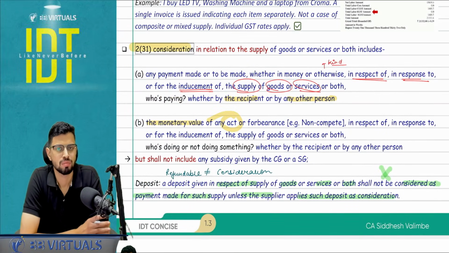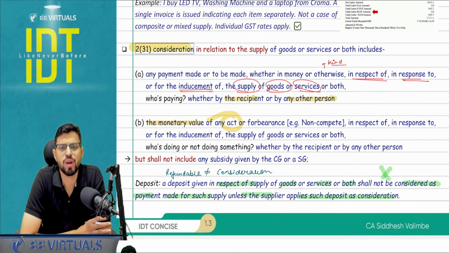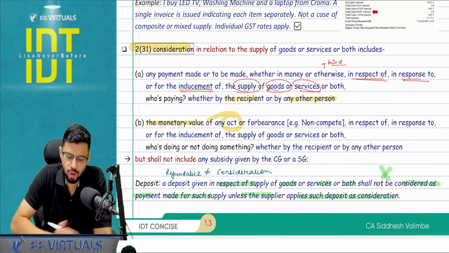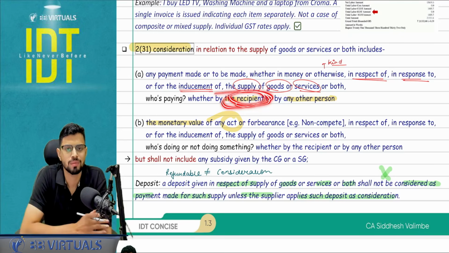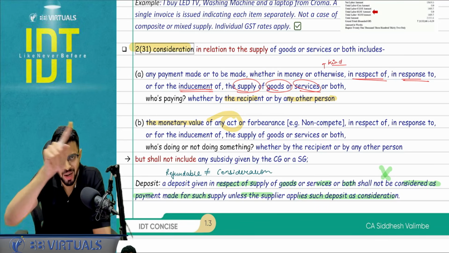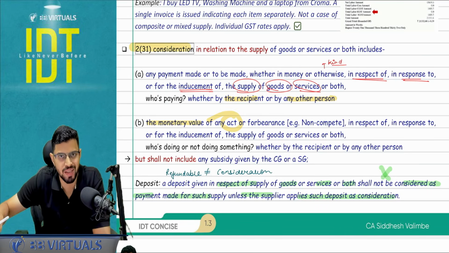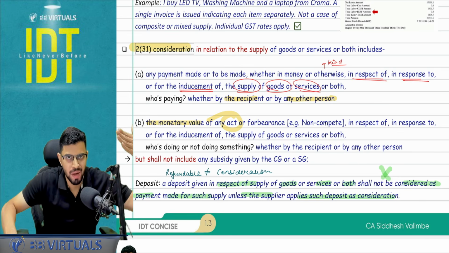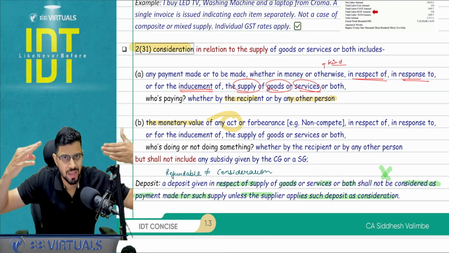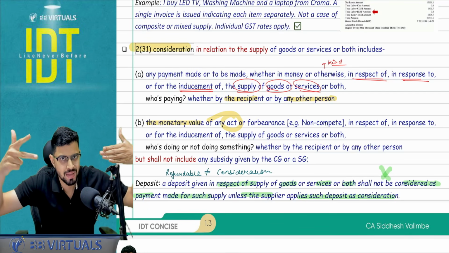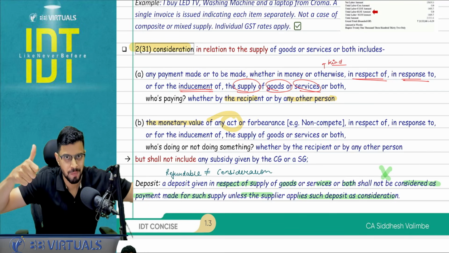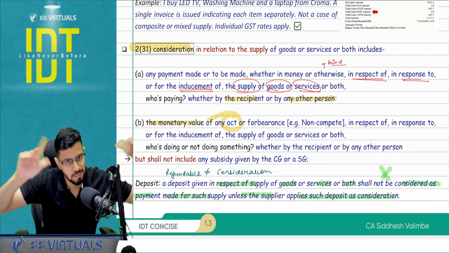Sir, now there is a new definition in action. We don't know what is the meaning of recipient. Are you able to understand how we are flowing from one thing to another? We saw the definition of supply. 3 parameters. Goods services, consideration, business. Goods services we did. Consideration we did. Business we did.